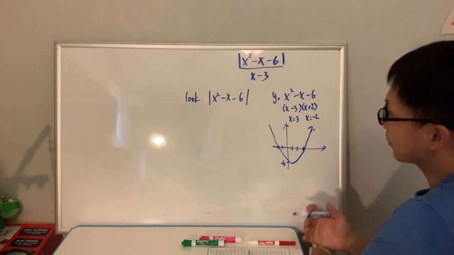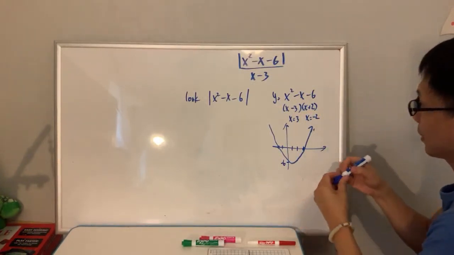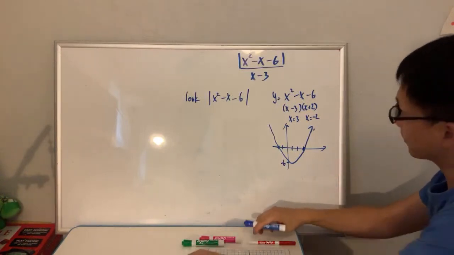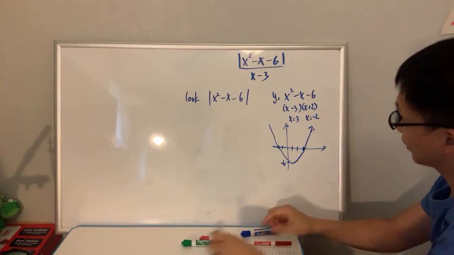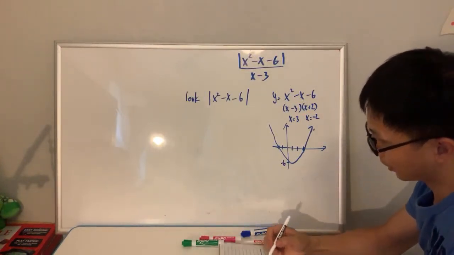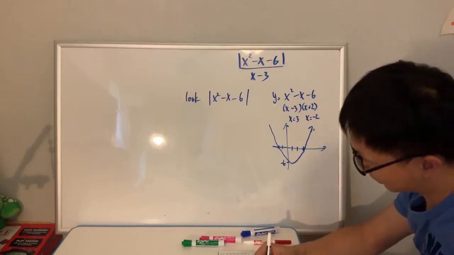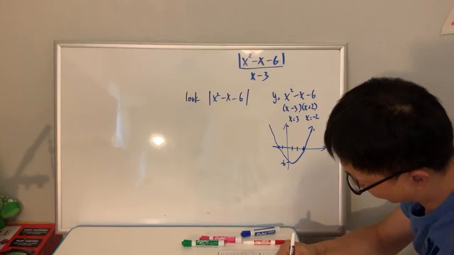If I were to take the absolute value of this, I'm going to graph on here so it makes a better graph. So here we're going to have -2 and +3 and -6.